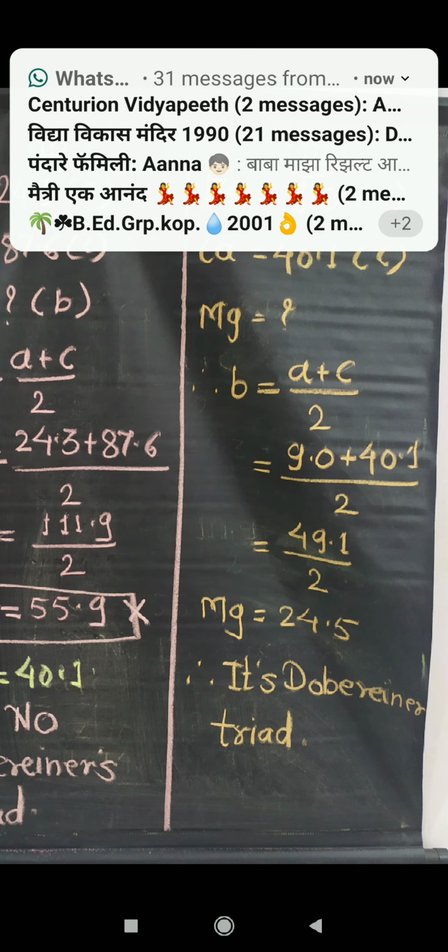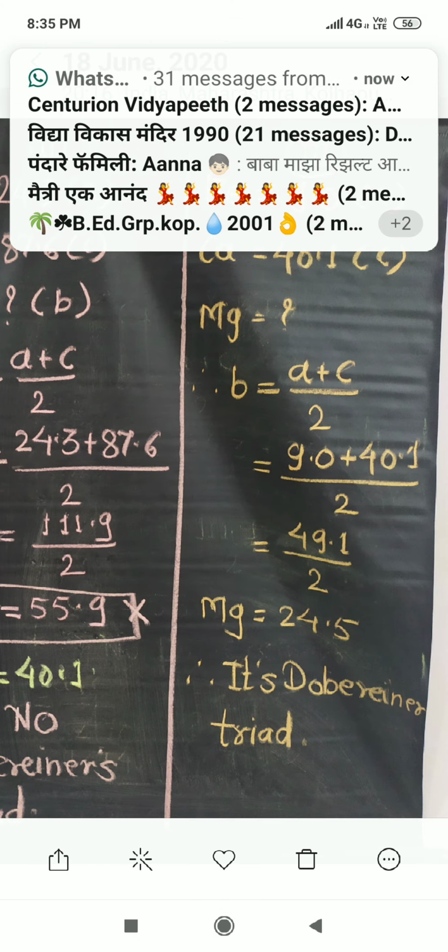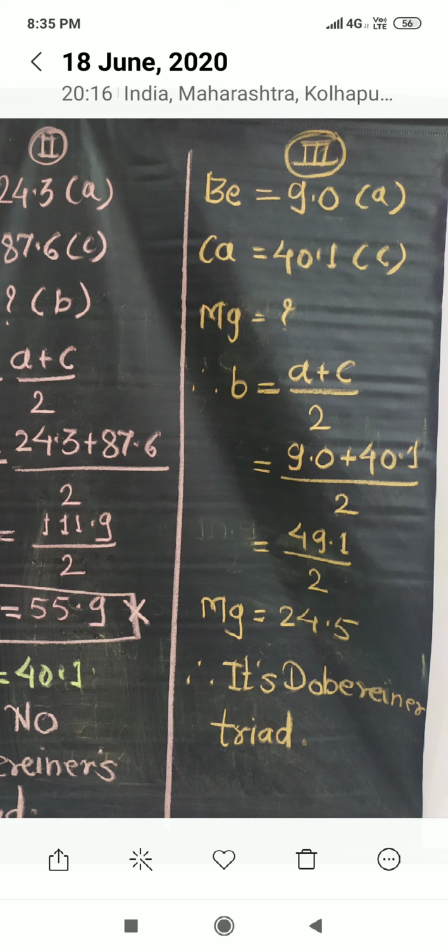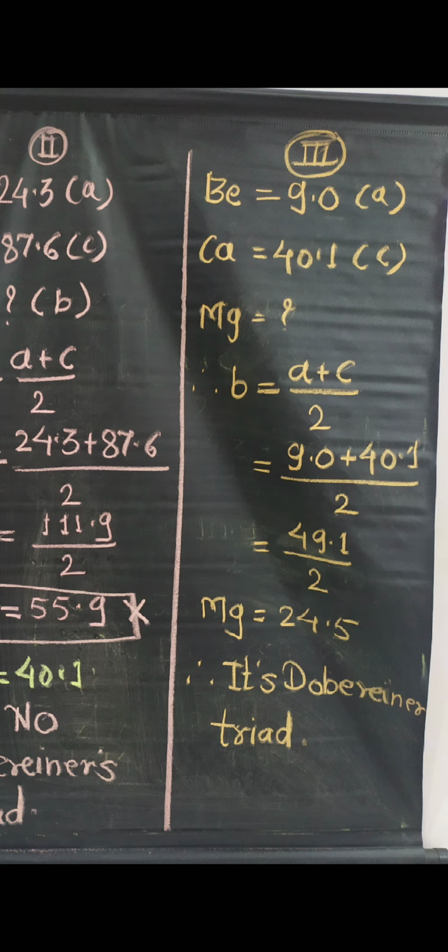Then see example number 3, that is Be is equal to 9.0, that is the A element. Ca is 40.1, that is the C element, and we are finding out Mg.